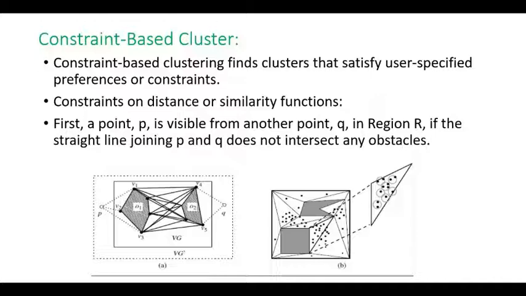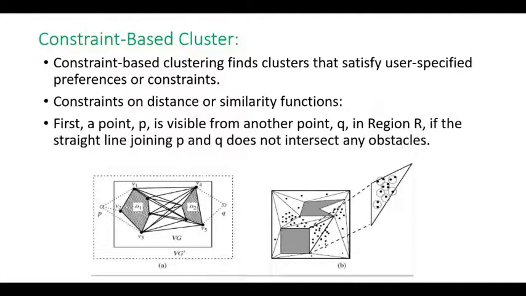In the first figure, a point P is visible from another point Q in region R if the straight line joining P and Q does not intersect any obstacles.